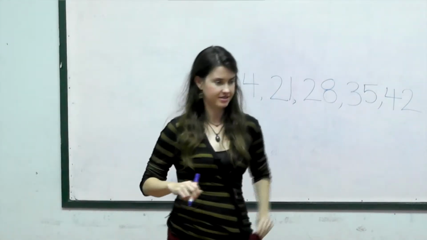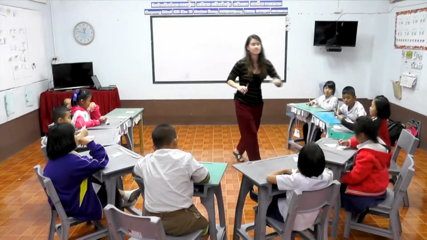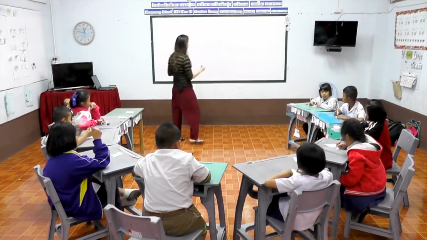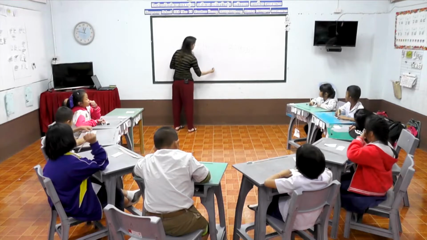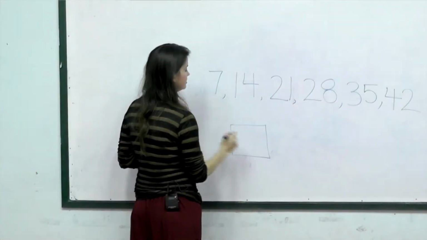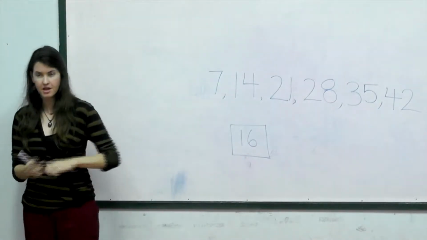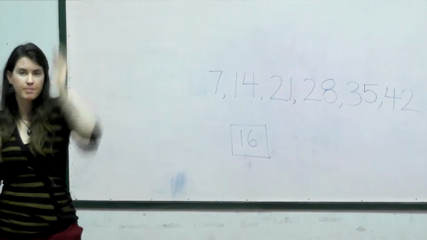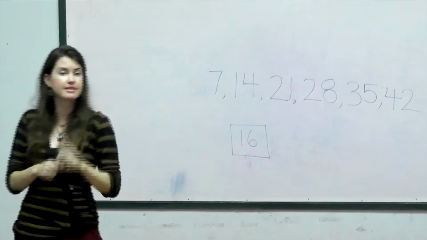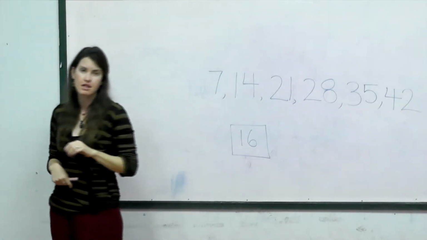More paper, okay. Here you go. So we are going to look for our special number, 16. Okay? We don't want to go higher, but we want to get as close as we can to 16. Ready? Here we go.